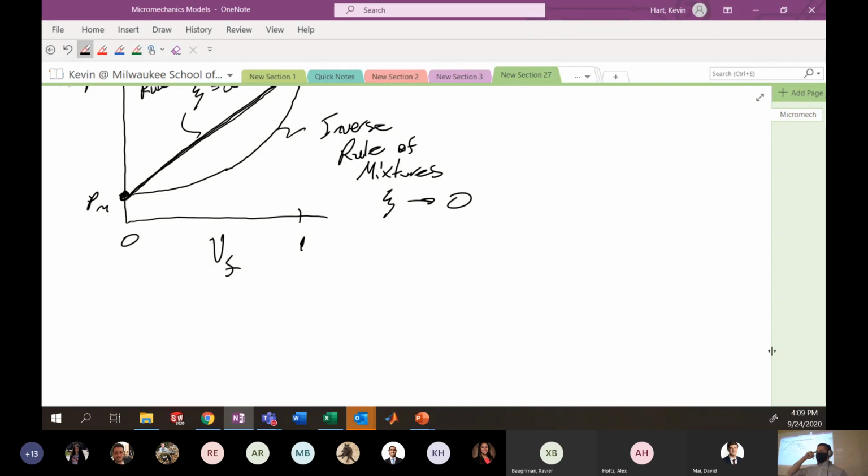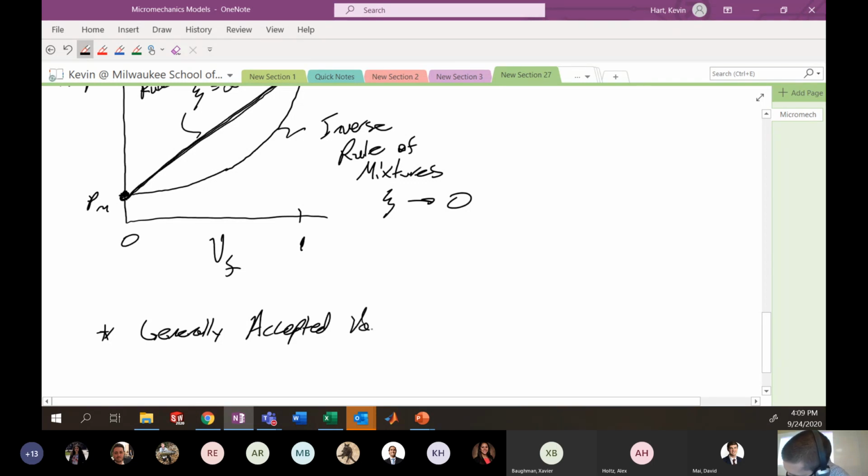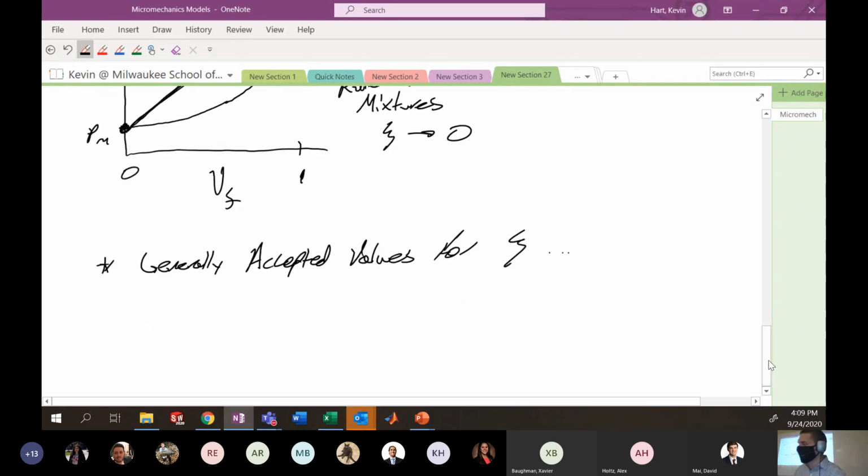All right, so depending on which particular property of the composite you're interested in, there are generally accepted values for psi. Two of these you already know.